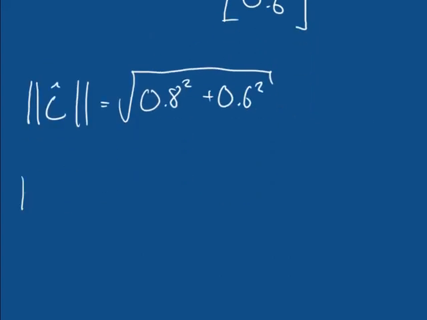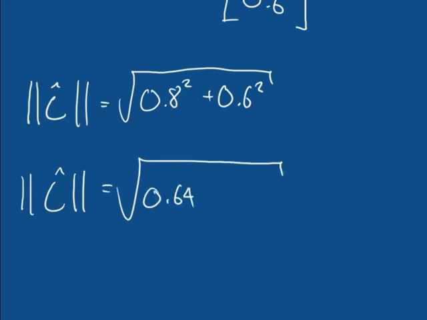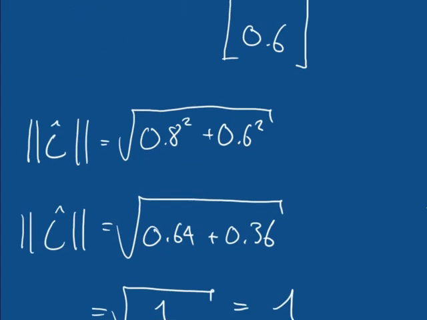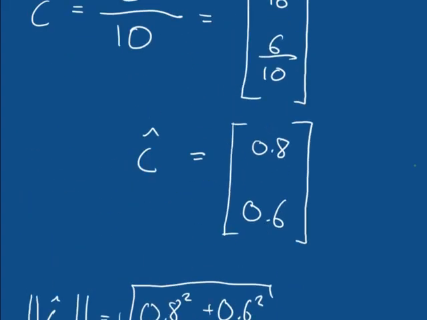That's going to be the square root of 0.64 plus 0.36. Hopefully we can immediately see that's going to add to a value of 1, which we know the square root of 1 is a nice whole number, 1. So we do have a perfect unit vector there. It has a length of 1.